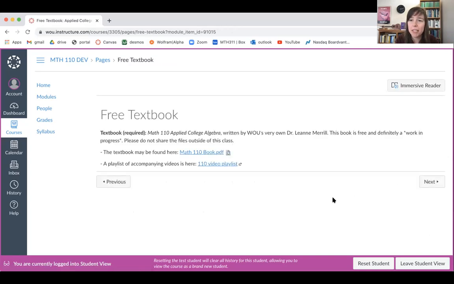This class has a free textbook. It comes in the form of a PDF. It's written by Dr. Leanne Merrill, who's a professor here at WU, edited by yours truly. So I suppose don't badmouth the book too much to me because I am a little bit invested in it. But yes, the textbook is free. The PDF is linked here. There is no printed version of the book.